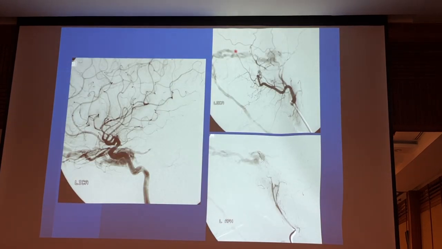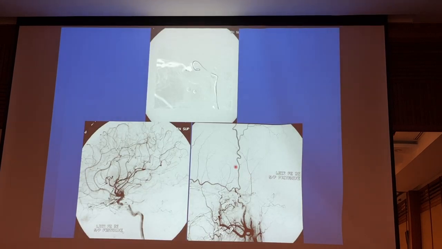This is another case. The patient had a cavernous sinus shunt, and you can see the ophthalmic vein is opacified, and in addition, this superior petrosal sinus is a little bit opacified. I went transvenous and closed it with a combination of detachable coils as well as fiber coils, and this is the final angiogram.